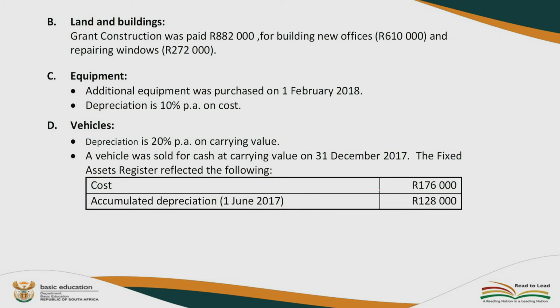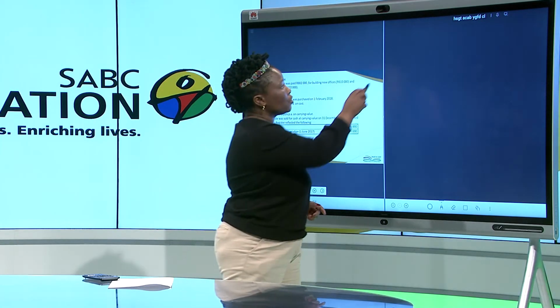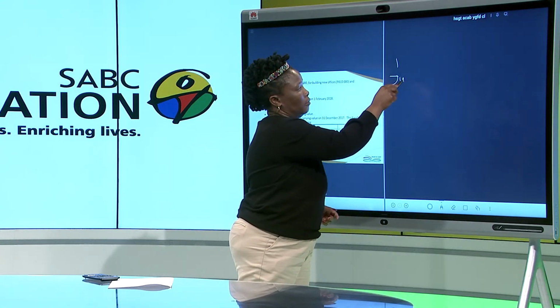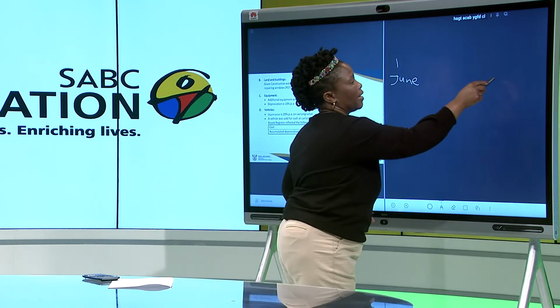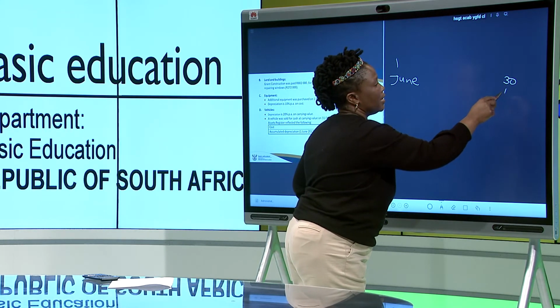And the fixed asset register for this vehicle reflected the following. Remember previously we said that an asset register for each type of asset must be kept. So we've extracted this information from this register. Okay, remember that the accounting period begins on the 1st of June. Okay, it ends 30 May.